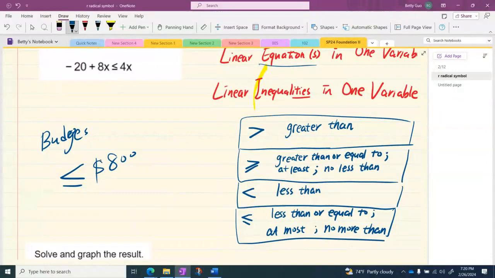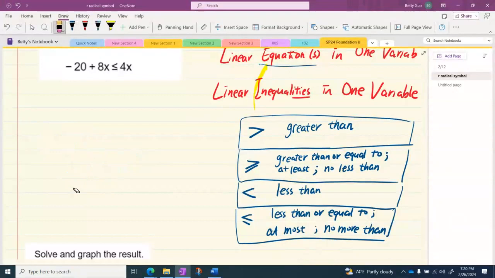Or this month we have to spend less than or equal to $800. Or we can spend at the most $800 on grocery. They all mean the same thing. It means this month you either spend exactly $800 on grocery, or you spend less than $800. So for those notations, they have different translations.